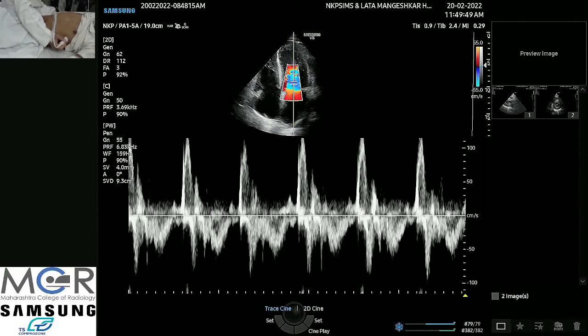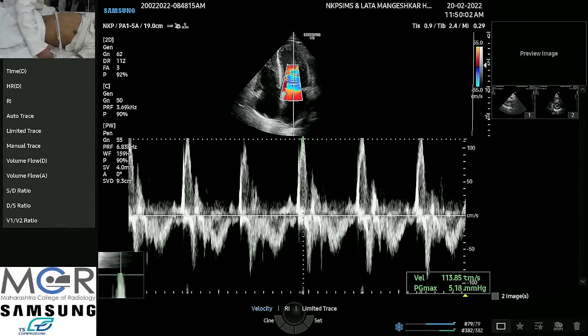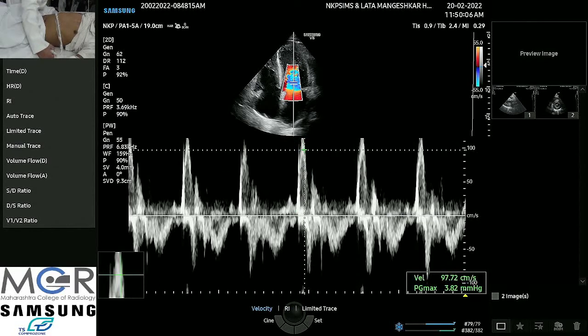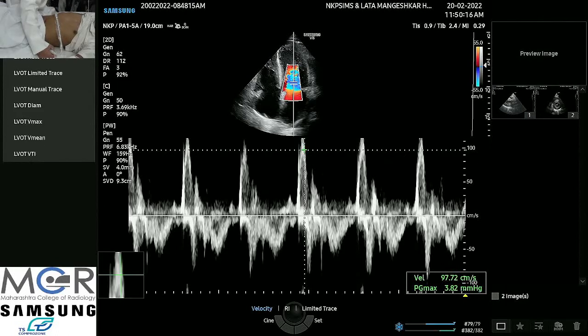Because of tachycardia, you can see the E wave and A wave, these two are almost fused. If you look at the velocities of E wave and A wave, the EA ratio has to be calculated. EA velocity ratio, right.